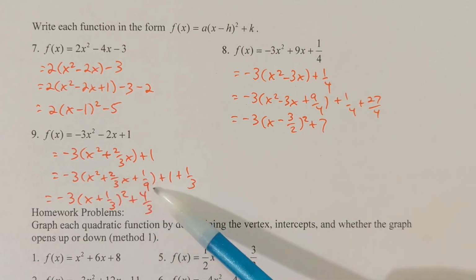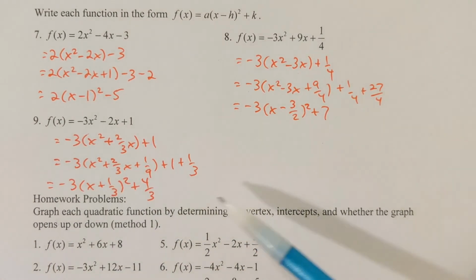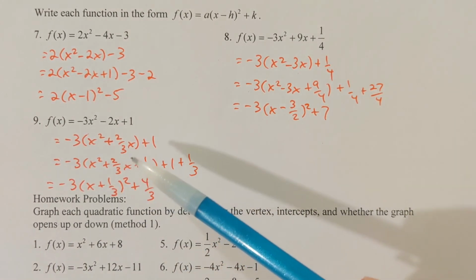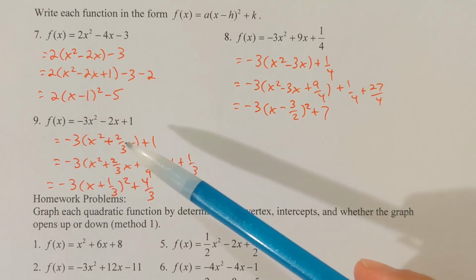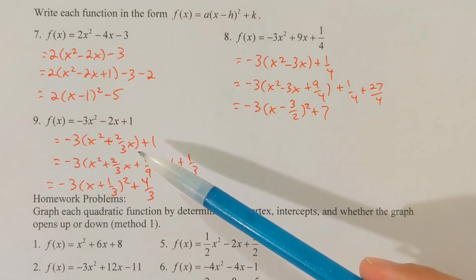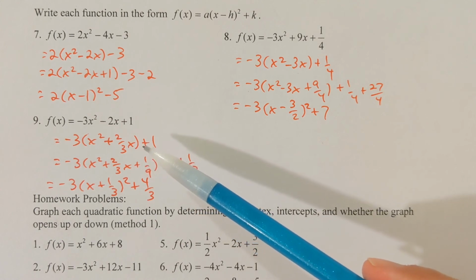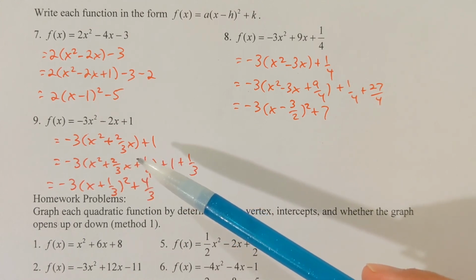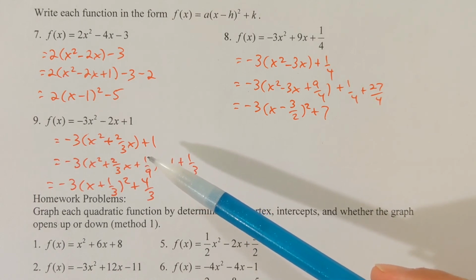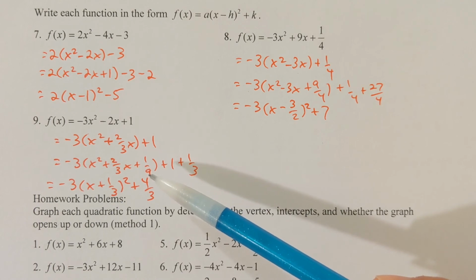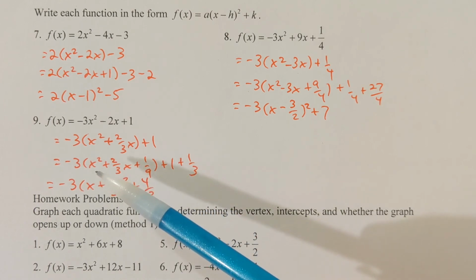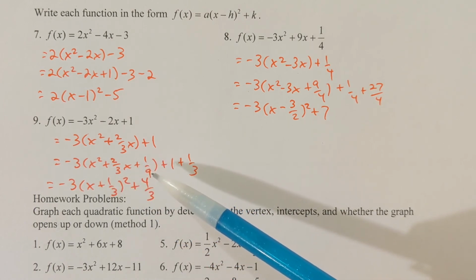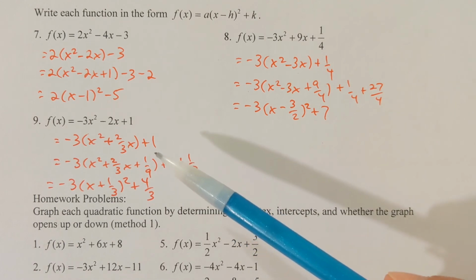Now, here's where it's all going to be different. I need to take half of the number in front of x. So half of 2/3 is going to be 1/3. 1/3 squared is 1/9. Negative 3 times 1/9 gives me negative 1/3.